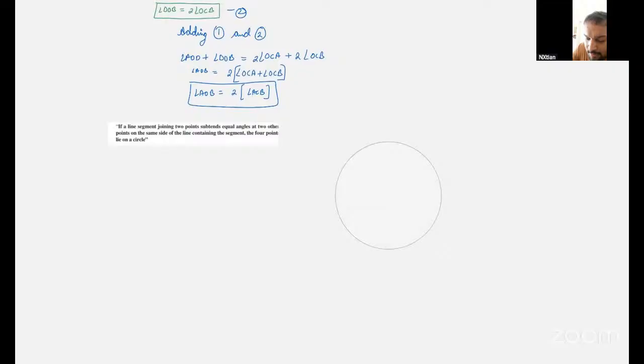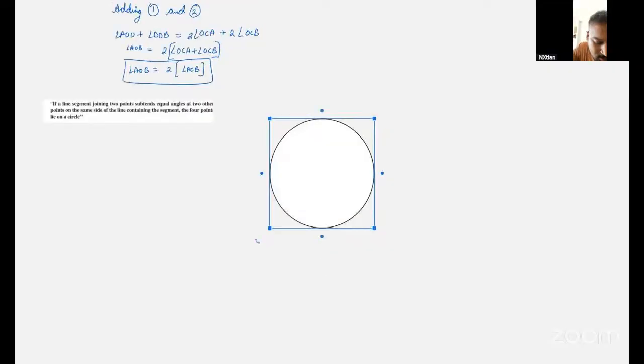Everyone please pay attention. So we have this circle. Now, for example, this is a center angle which is made by the arc, and these are the two angles.